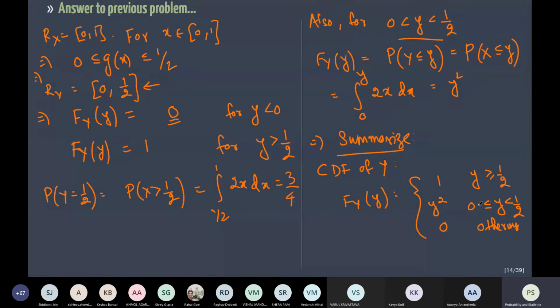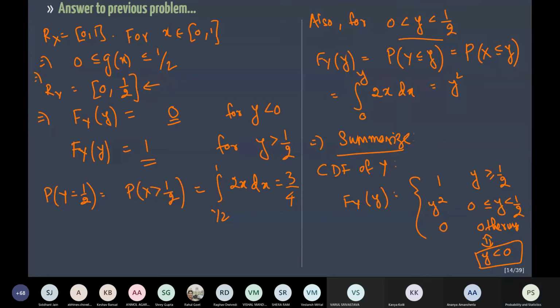And if I go beyond half, then the cumulative must be 1, because the range is up to half. Any other value, in other words the otherwise case, is equivalent to saying that y is less than 0. So these are the otherwise cases. So we can summarize this CDF.